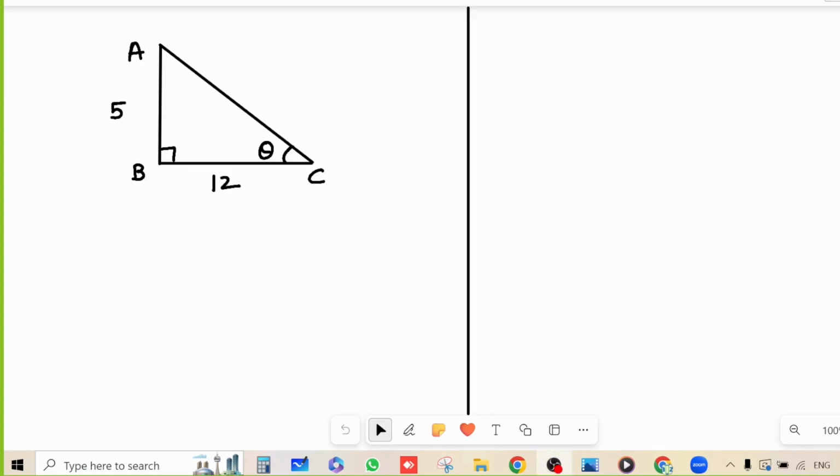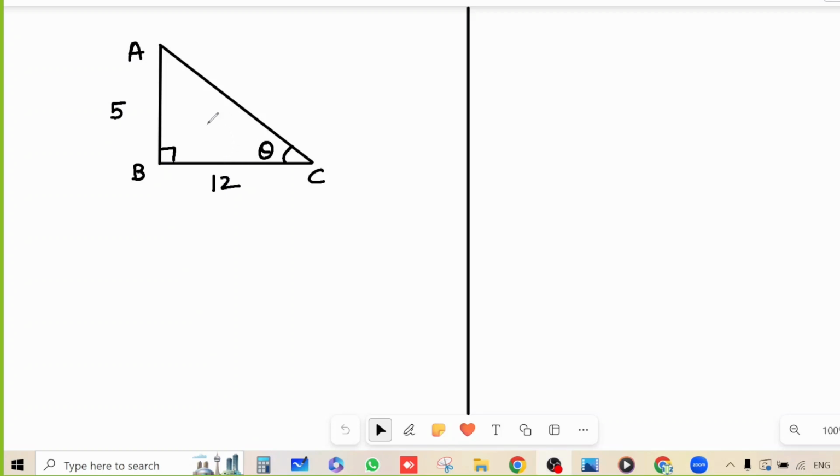Let us now consider one right angle triangle and find out the various trigonometrical ratios. So let us consider that ABC is a right angle triangle which is right angled at B. The measurement of AB is given as 5 units. The measurement of BC is given as 12 units.